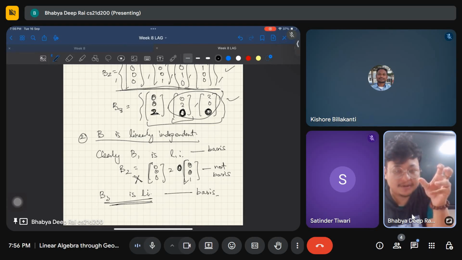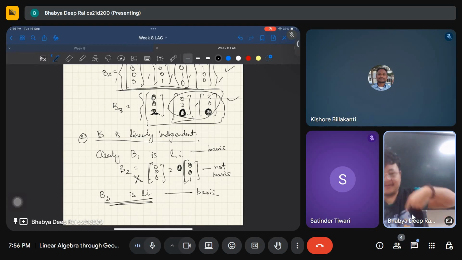Using this blueprint, you can generate any vector in the vector space. And what is the method of generating? Linear combination: scalar multiplication along with addition. If you do it with the basis vectors, you can get everything in the vector space. So that is the idea of a basis. You get it, right?